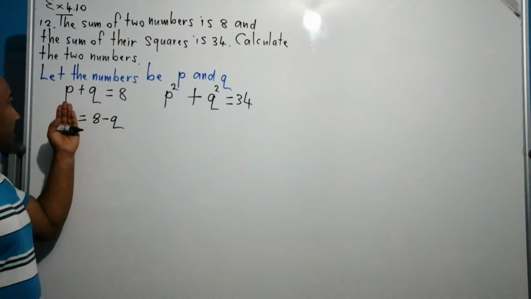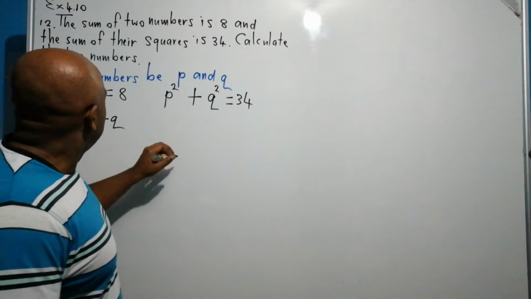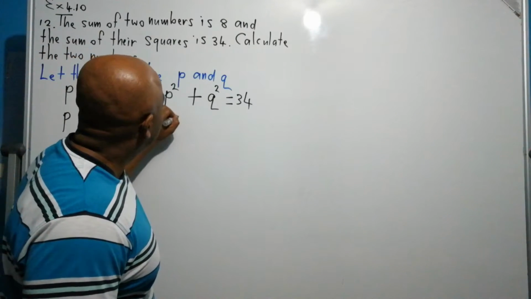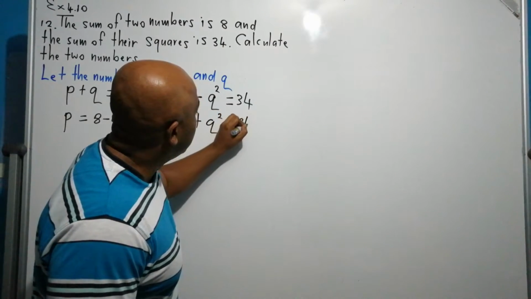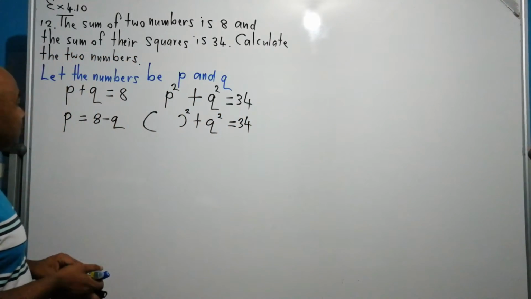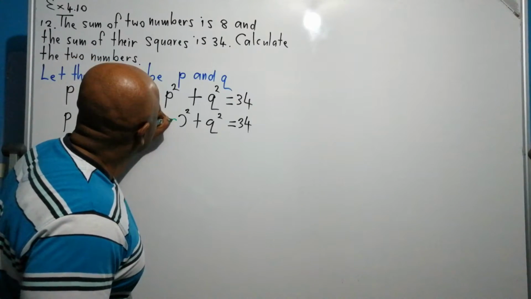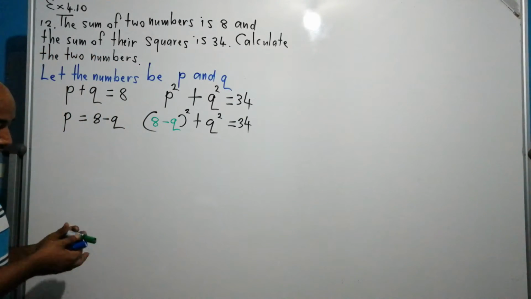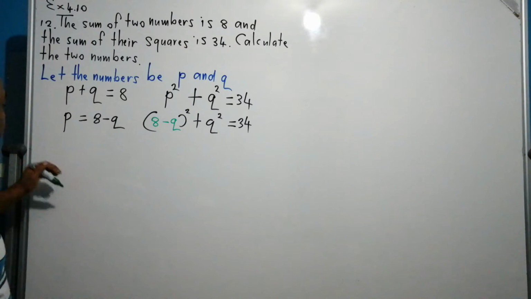A and B, I call it P and Q. So P is equal to 8 minus Q. So therefore, I am going to replace P in the second equation. So I know P is equal to 8 minus Q. So now, remember, there are two terms there.